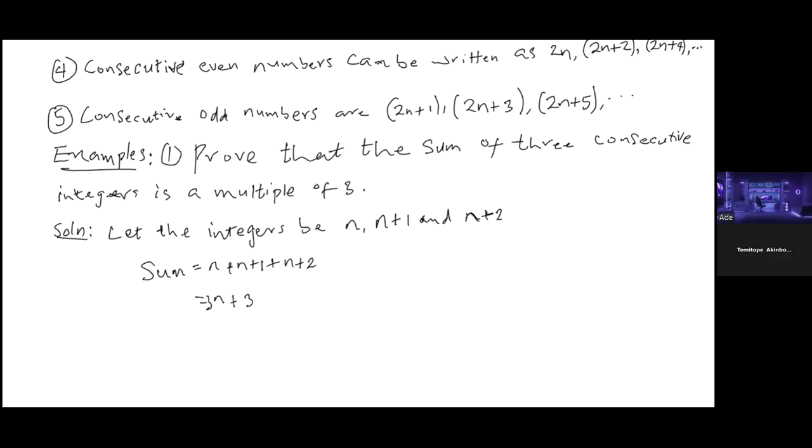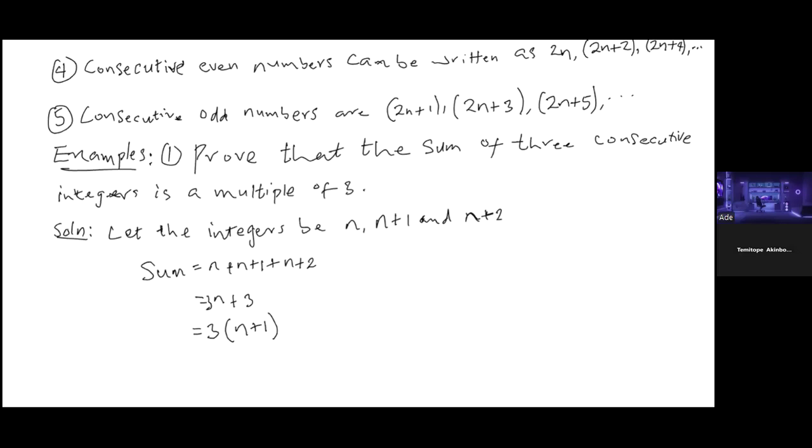If you factor out 3, then you have n plus 1 remaining. So you can see that we've been able to express it as a multiple of 3 since we have 3 factored out. And don't forget that n plus 1 is what? An integer, one of the integers that we have assumed here.